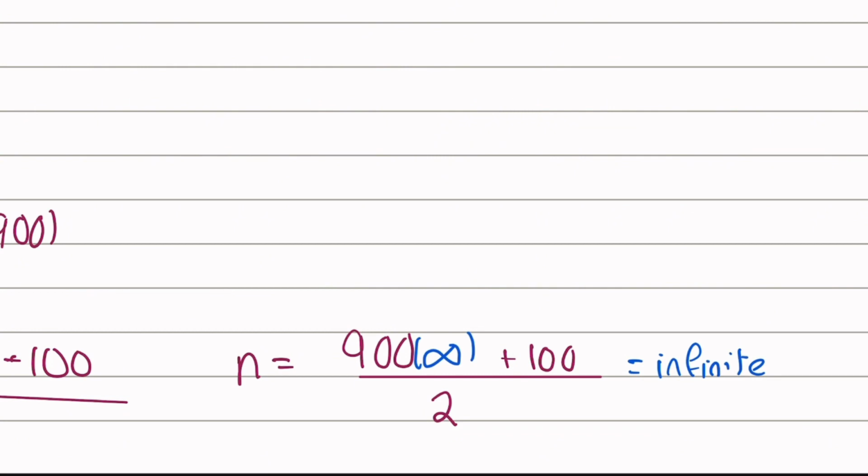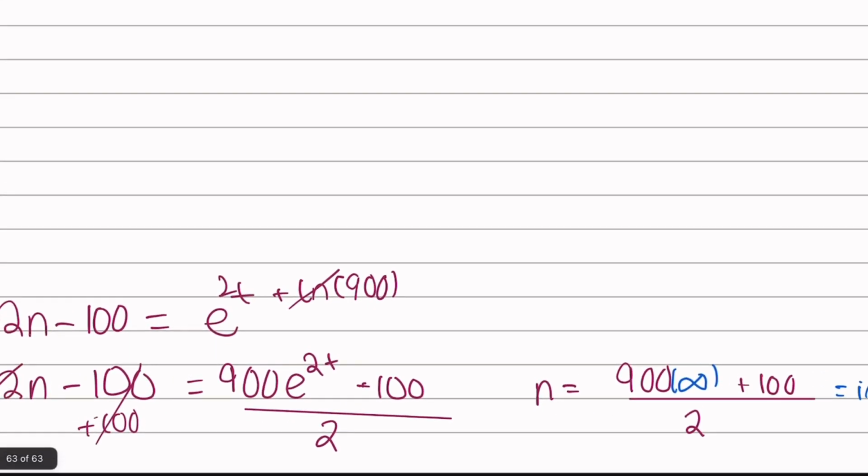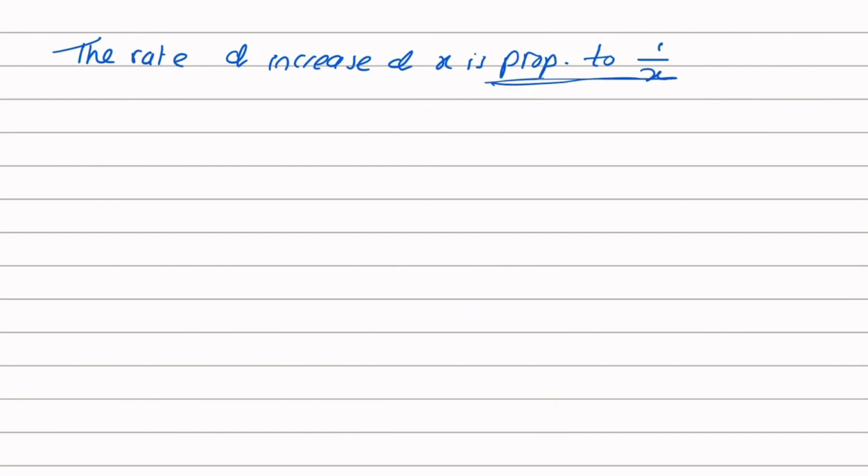Okay, let's talk about the third and last relationship. We have the rate of increase of x is proportional to 1 over x, or in other words, it's inversely proportional to x.